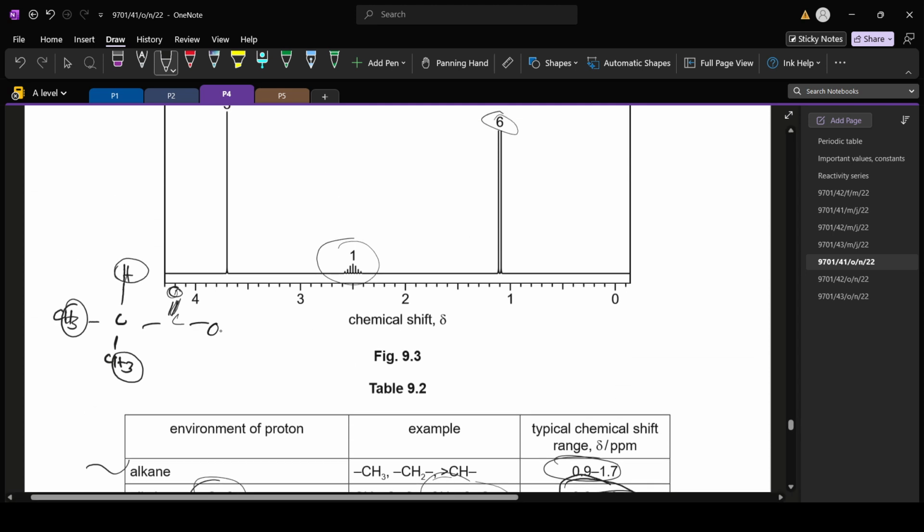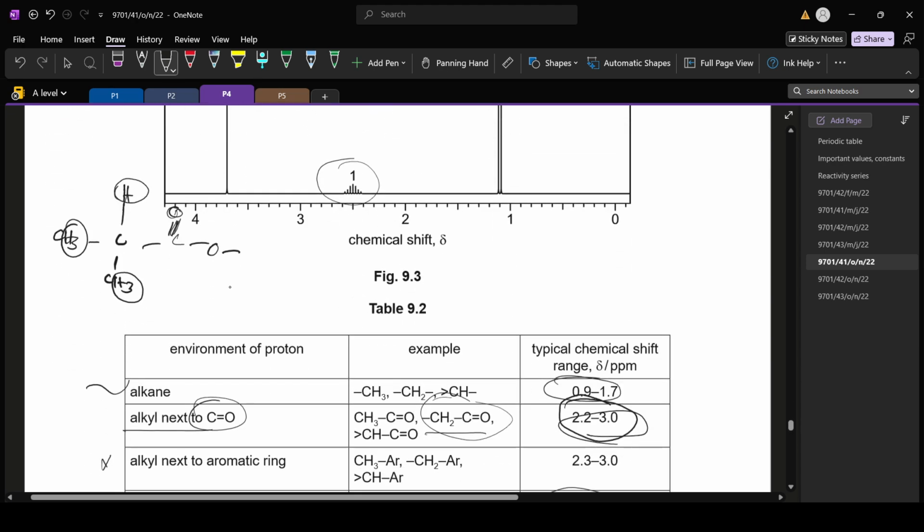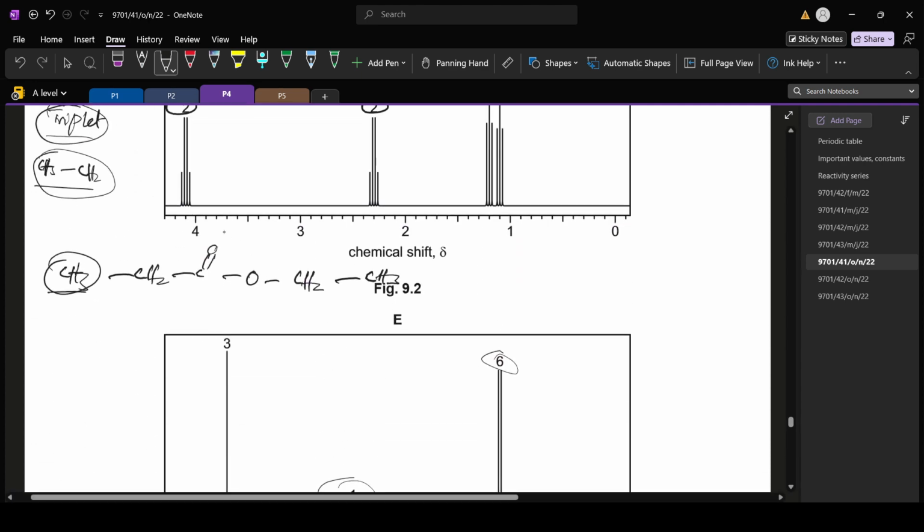Now you have an ester linkage over here, you can imagine, because this already told you that these are esters. So now how many carbons do we have attached? 1, 2, 3, 4. So definitely it is going to be the CH3. Okay, so now you know the structures of D and E.